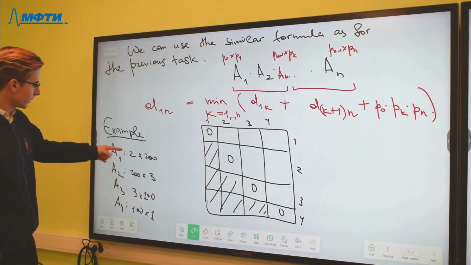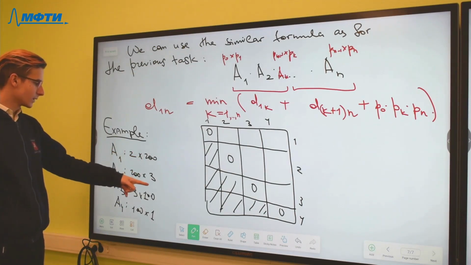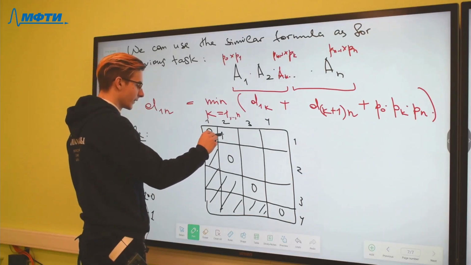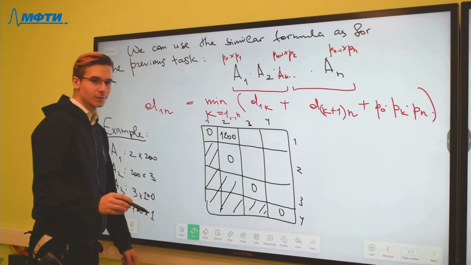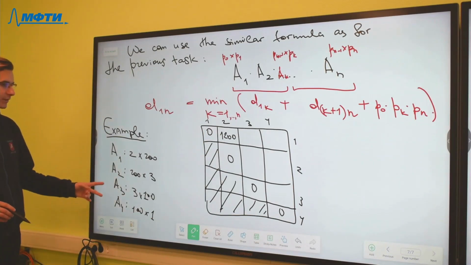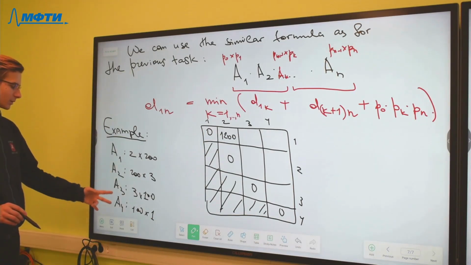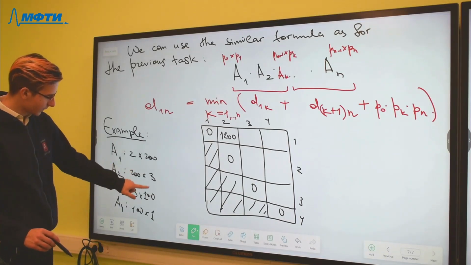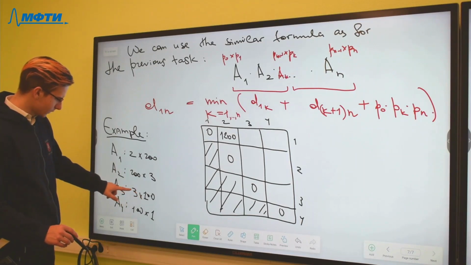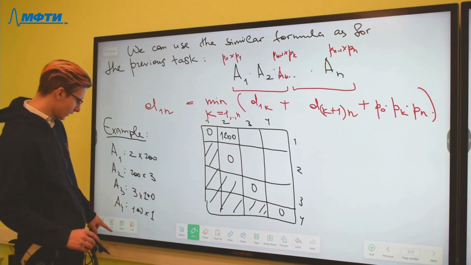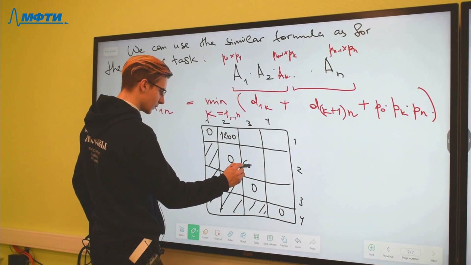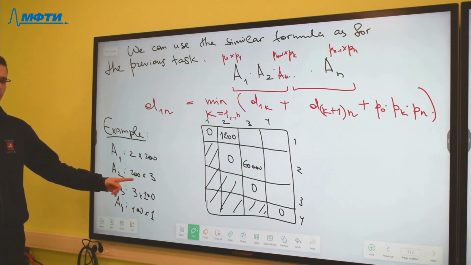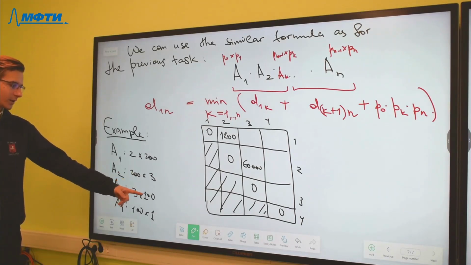So we multiply 2 times 20 times 3. It's equal to 1,200. And then we repeat for these two matrices too. We get the multiplication of this, it's equal to 60,000. Multiplication of 100, 100, and 3.